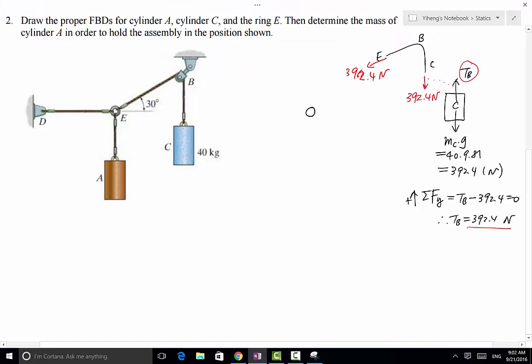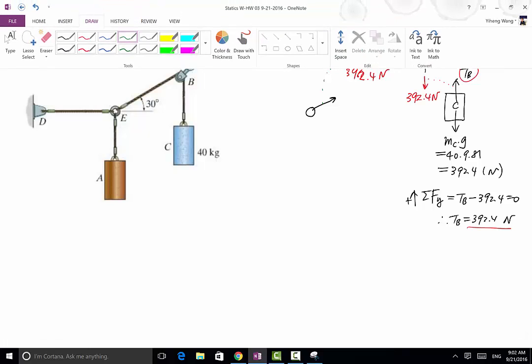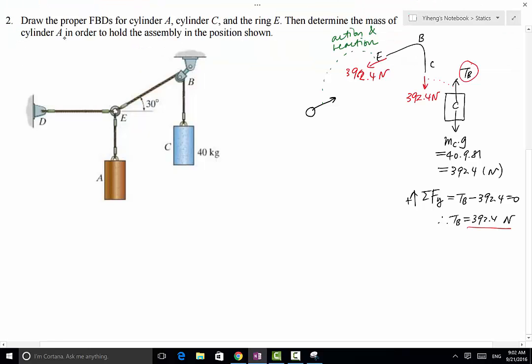If we draw the free body diagram of the ring now, these two are also action and reaction. So this is the force exerted by the cable on the ring, and that is 392.4 Newton. It is at an angle of 30 degrees with the horizon.